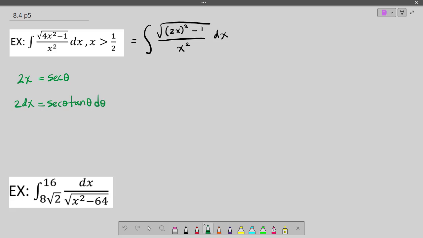So we have that. And now we're ready for substitution, hopefully. So this will be, bless you, the square root of, let's see, 2x is secant, so we're going to get secant squared minus 1. And then the dx, we can put that in the numerator.